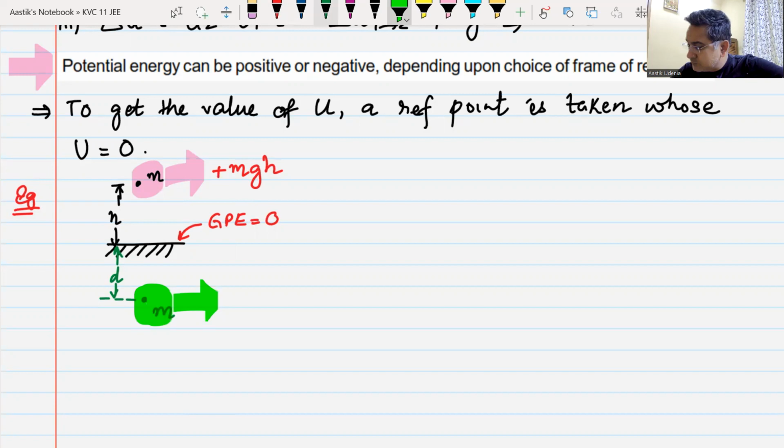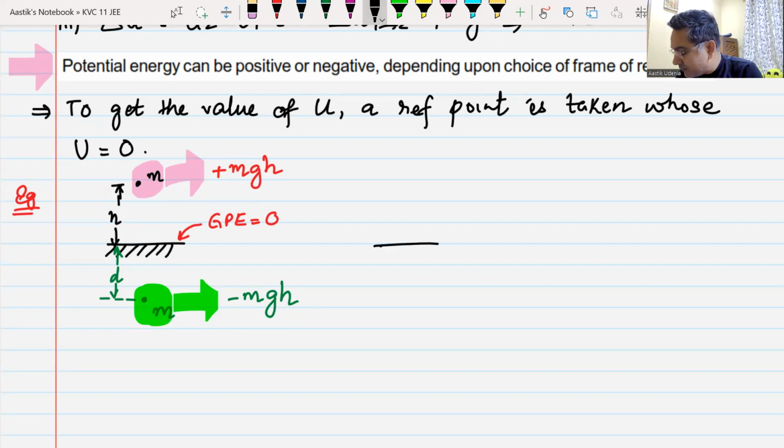Minus mgd. So, depending on where I have taken my 0, gravitational potential energy can be positive or negative.